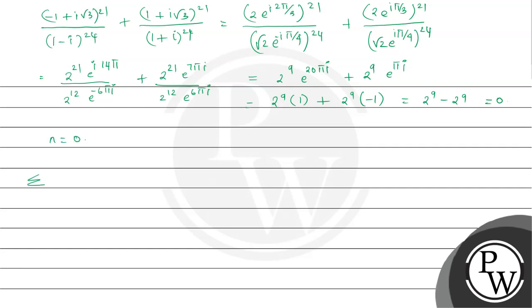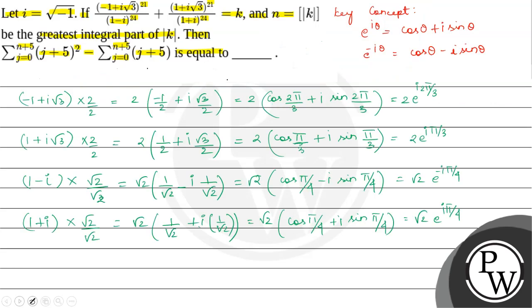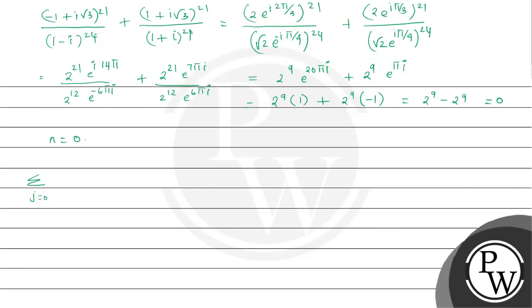Now we have to find the summation of j = 0 to n + 5, that is 0 + 5, of (j + 5)^2, minus the summation j = 0 to 5 of (j + 5). If we substitute the values of j from 0 to 5, we get 5^2 + 6^2 + 7^2 + 8^2 + 9^2 + 10^2.